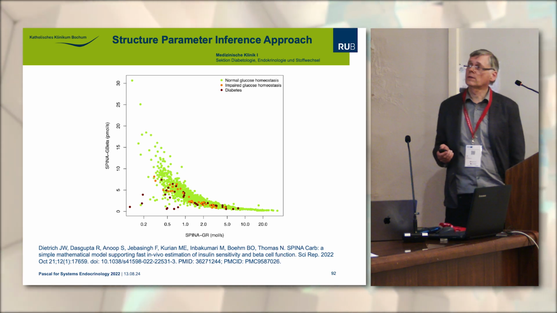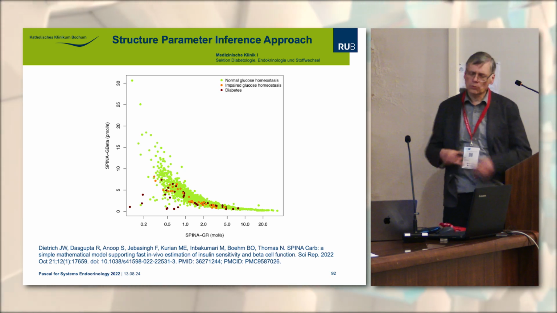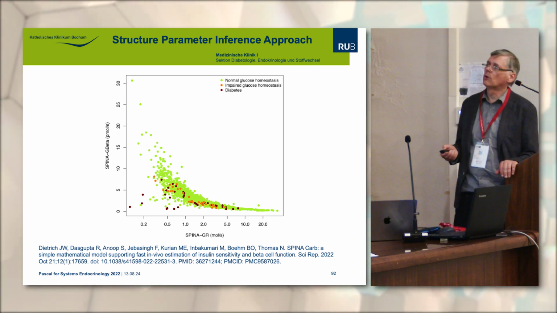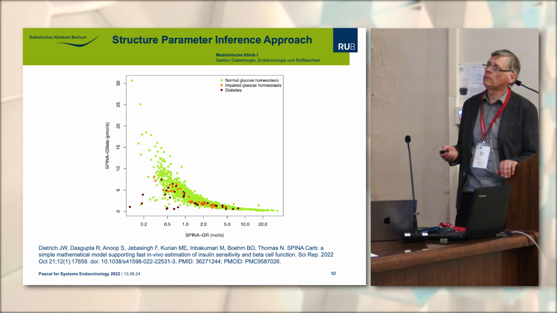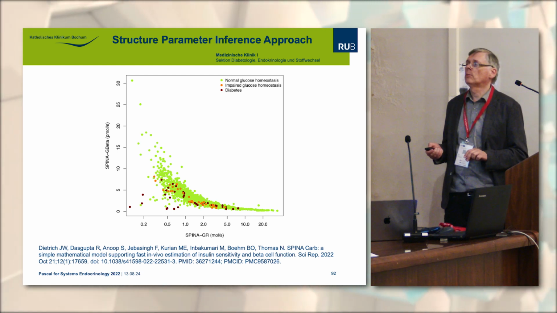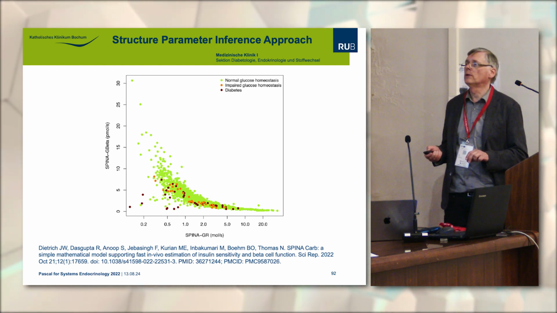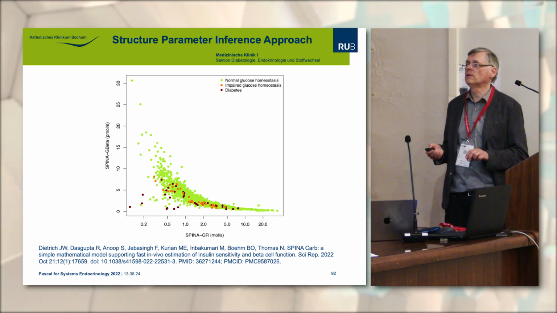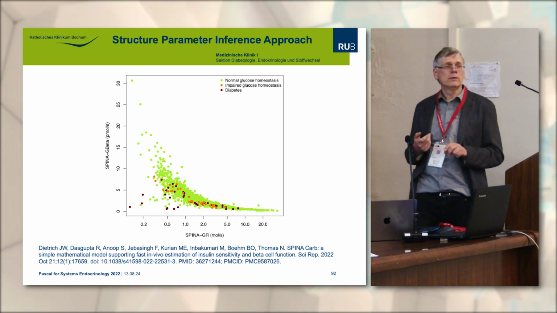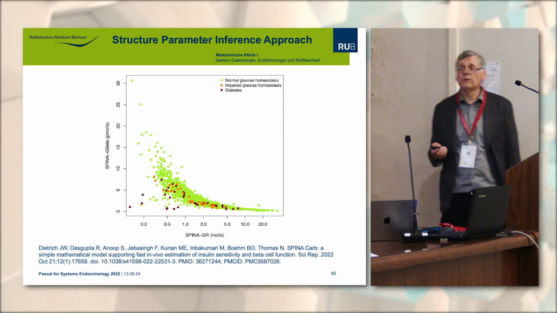So the subjects have better beta cell function, and so they can compensate for insulin resistance. But this doesn't work anymore for subjects with diabetes and pre-diabetes. These are the red and orange dots here. So they may have a normal beta cell function, but for the amount of insulin sensitivity, it is not enough. So we learn a lot about the physiological function by these models.